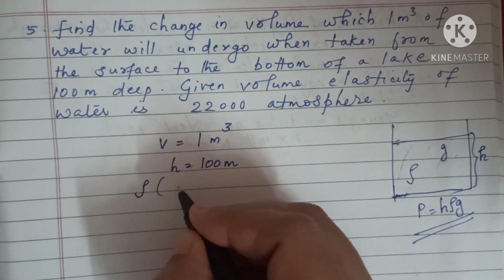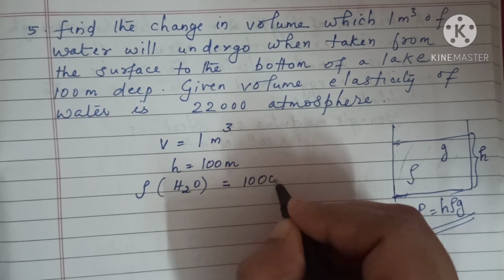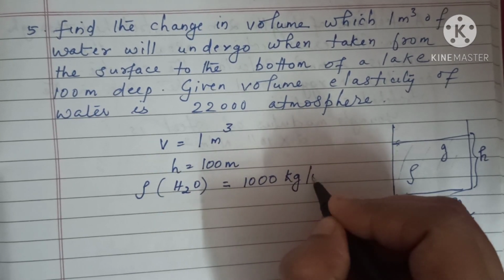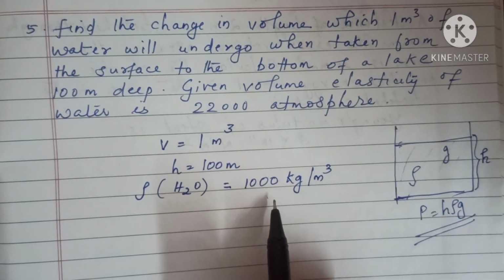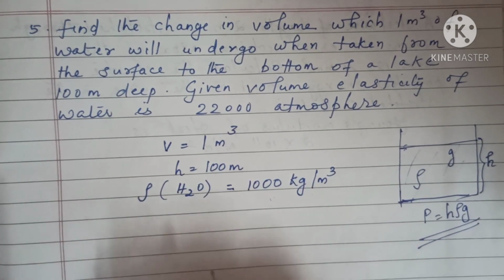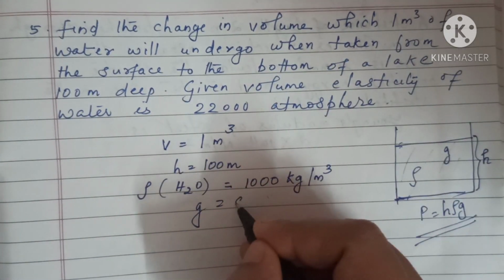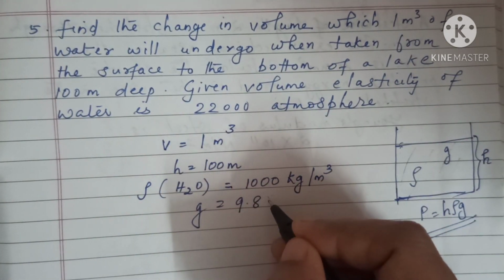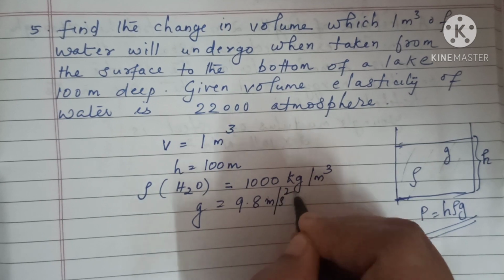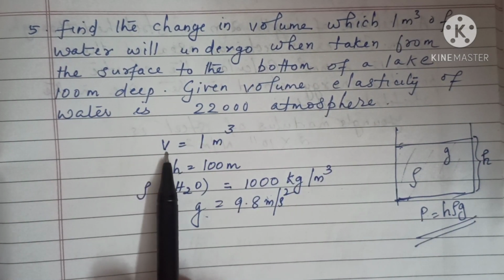Density of water, you all know the value, it is 1000 kilogram per meter cube, or in gram I can write 1 gram per centimeter cube. And acceleration due to gravity, because weight is acting downwards, is 9.8 meter per second square.